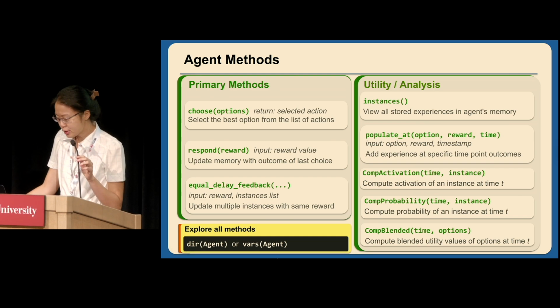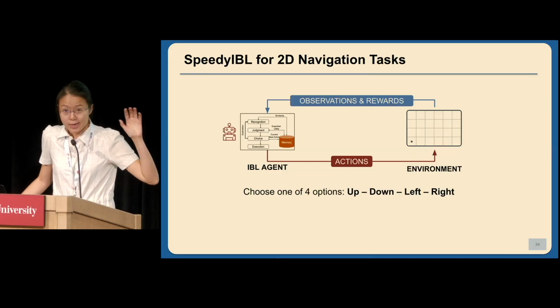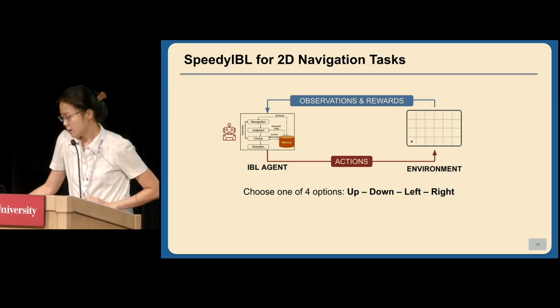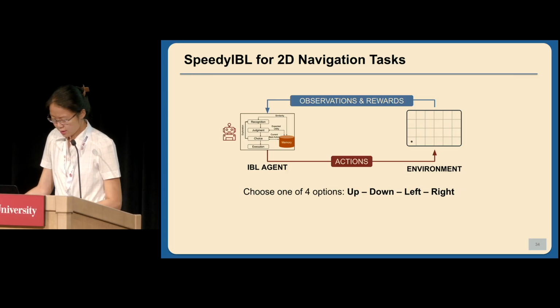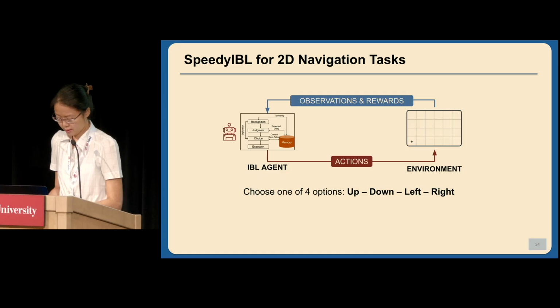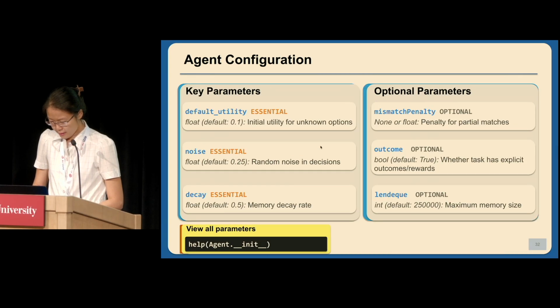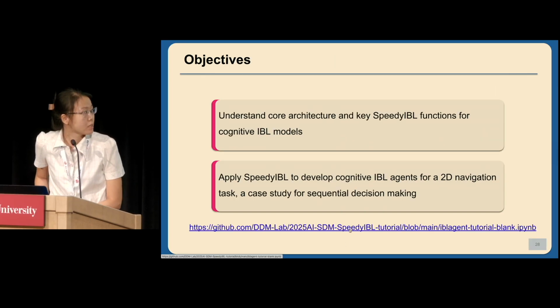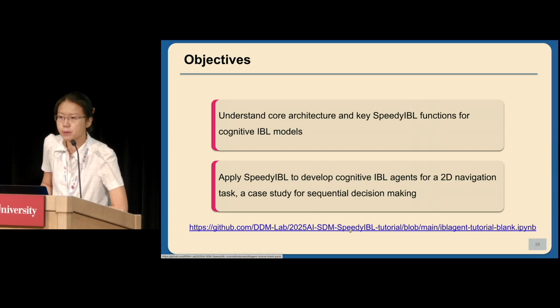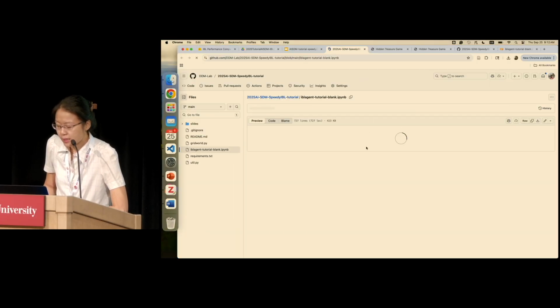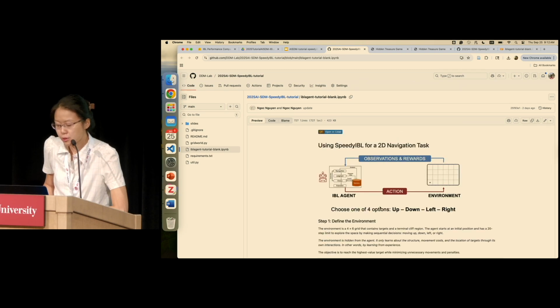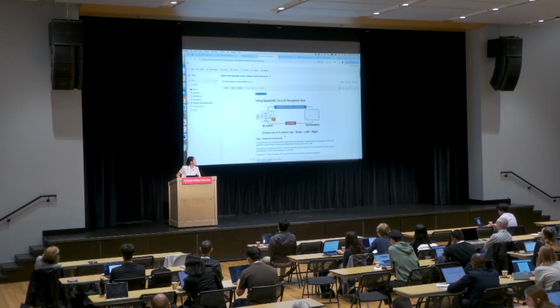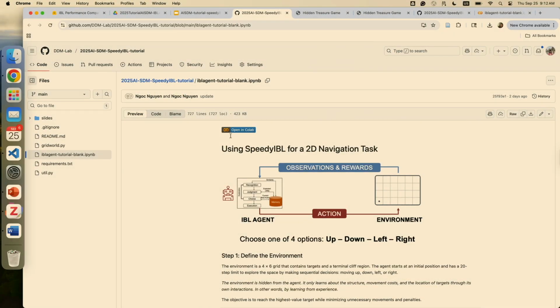Okay, so before we get into applying Speedy IBL for this task, let's take a look at the code of how to run it. If you click on this link, which should be shared with you in the PDF file, it's going to point you to the GitHub of this project, and you can just click on Open in Colab.